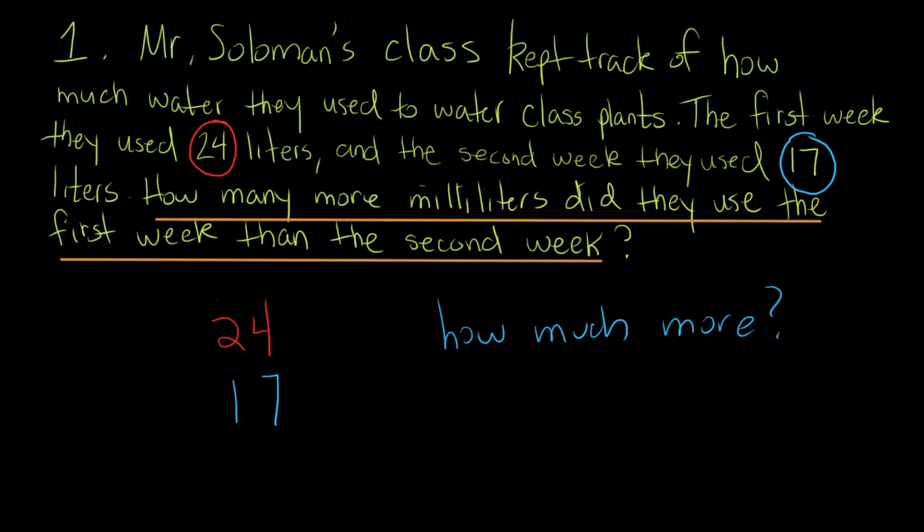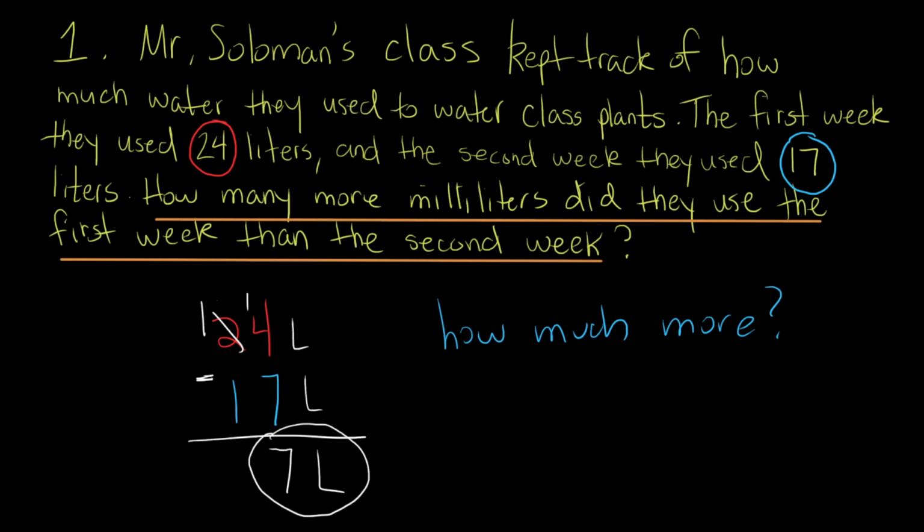I need to find the difference. And the operation to find the difference is going to be subtraction. So 24 minus 17, we're going to cross out our 2, make it a 1, and make that a 14. 14 minus 7 is 7. So I used 7 liters more the first week.